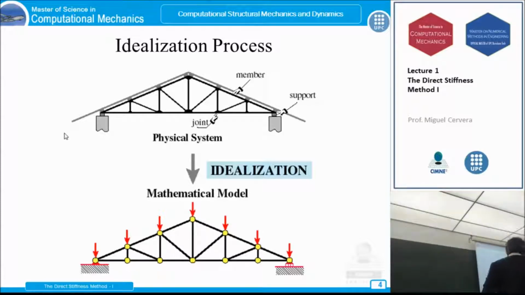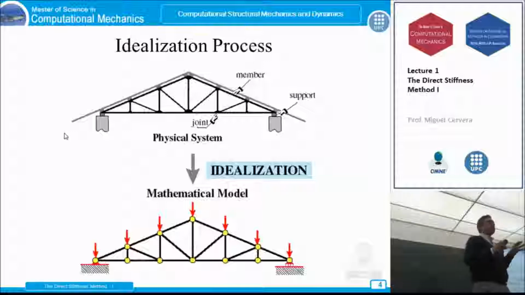Obviously, see, here, first of all, we have decided that everything over the truss is loads. So we are automatically disregarding any structural influence of the roof itself. Why? Because we think it's not going to contribute.